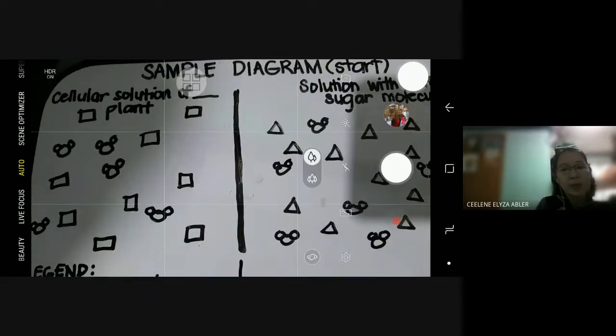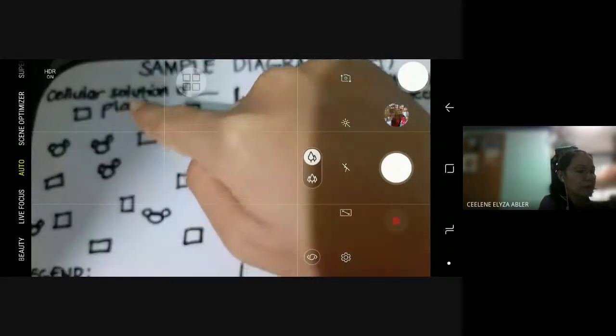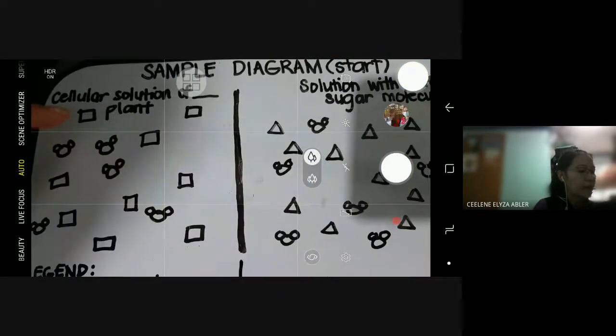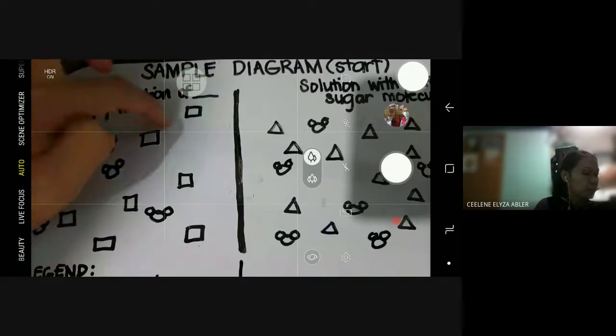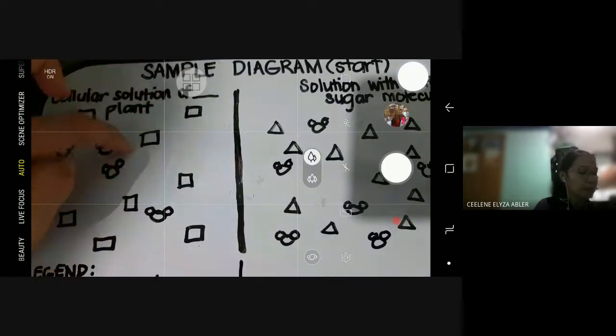Alright, so for this one, you will have to identify ano yung ano natin. For example, meron tayong substance na halimbawa we have a cellular solution here, a plant solution here, na meron siyang substances like this one. Meron kang solutes dissolved inside your plant, kasi plants have their own solutes inside.